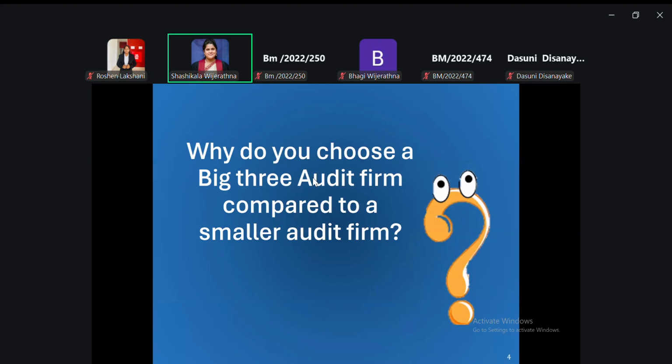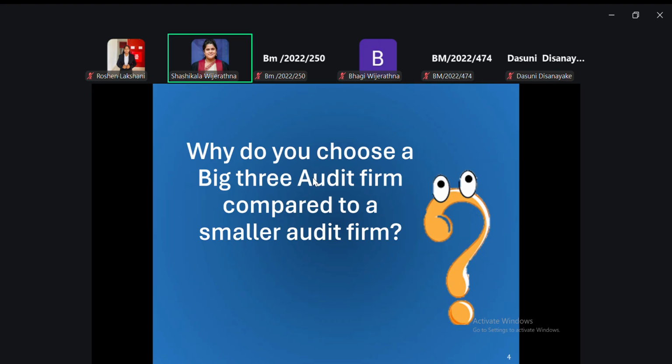Let's say that you are an audit client. Why would you choose a Big Three audit firm compared to a smaller or medium scale audit firm? Let's say you are JKH. Why would you go for E&Y and not a medium or smaller scale audit firm?